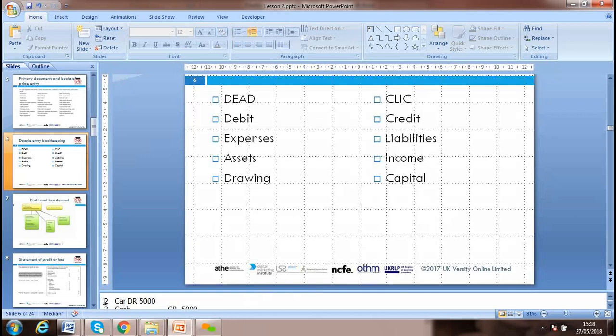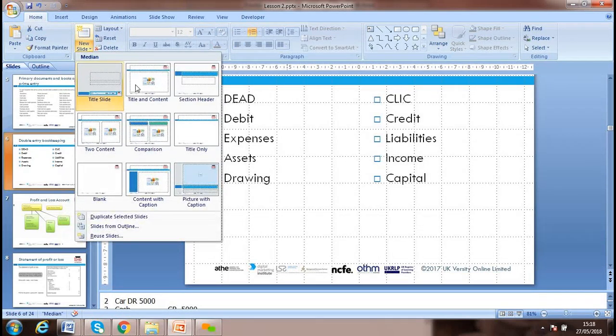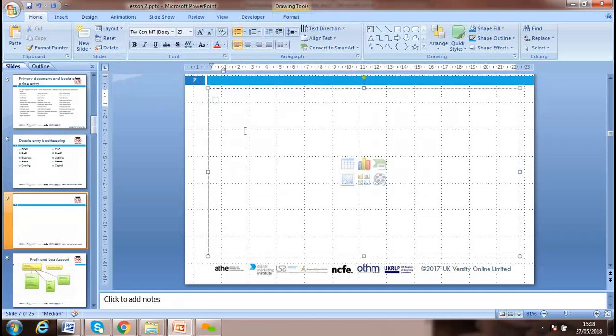If you type Double Entry Bookkeeping, that's the app where you can learn about debit and credit in more detail. If you download it and play the game, it will help you understand the concept of double entry.